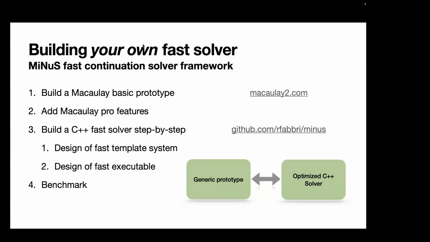The noob features are the standard things that you do. Then we have all these pro features that you can add to start making it faster, though sometimes you have to design them for your problem. But it's very well structured. Once it works in Macaulay, you build a fast C++ solver step by step.